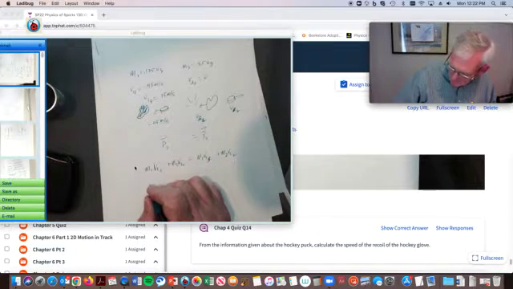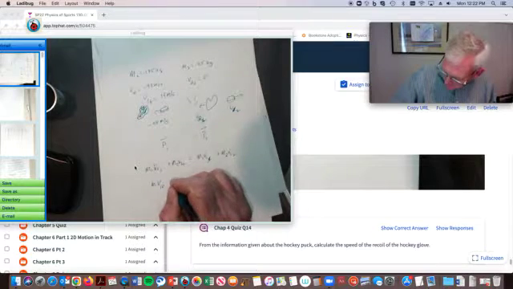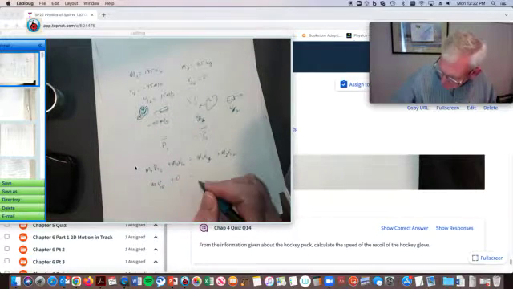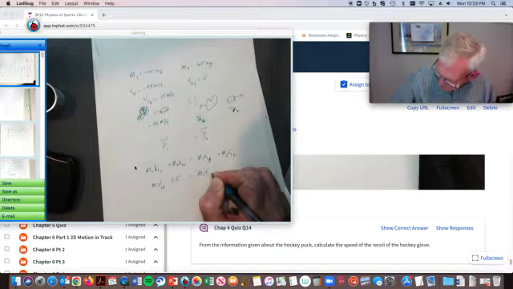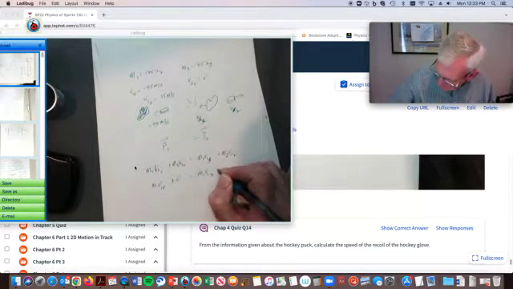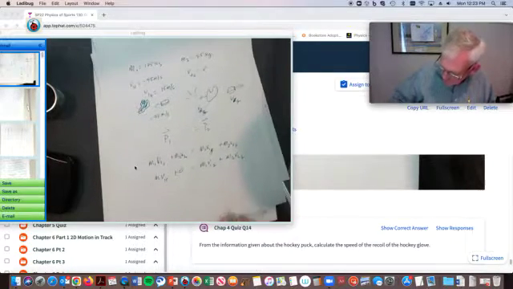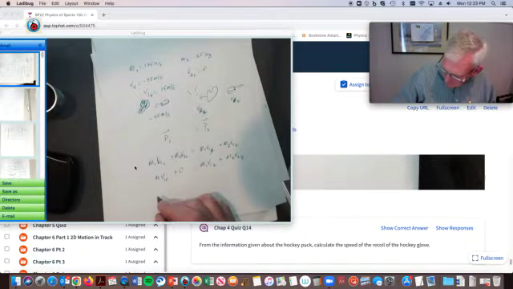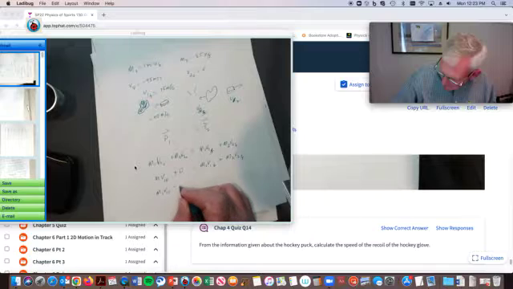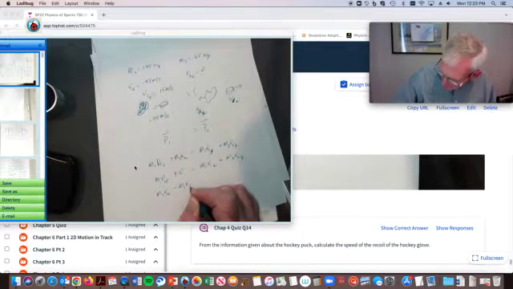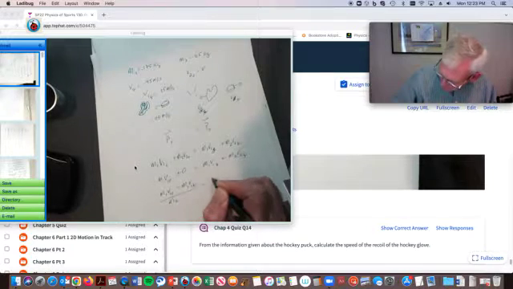So we've got M1 V1 initial plus 0 is equal to M1 V1 final plus M2 V2 final. So let's do the algebra here. M1 V1 initial minus M1 V1 final, divided by M2, is equal to V2 final.